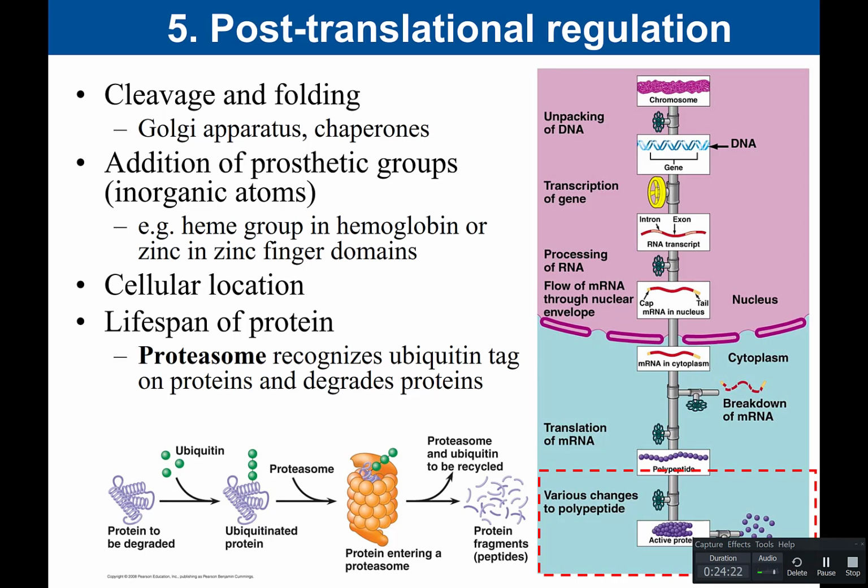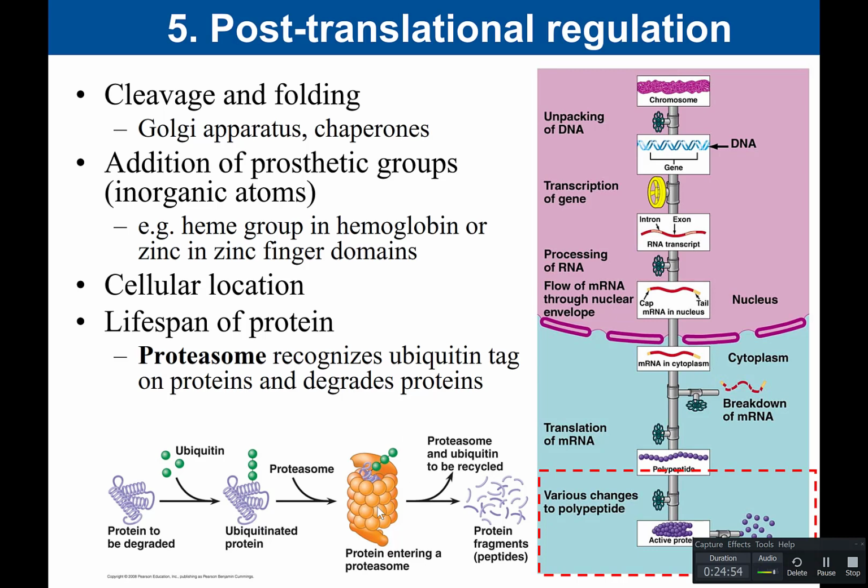And then lastly, the lifespan of the protein. We have a structure that's called the proteasome, and the proteasome recognizes tags that are put on proteins that are meant to be degraded. So we have this protein here, and it gets tagged with a molecule called ubiquitin. Ubiquitin gets added to the protein, and that signals for that protein to go into the structure called the proteasome.